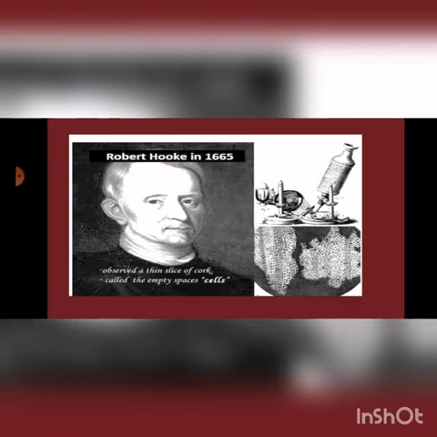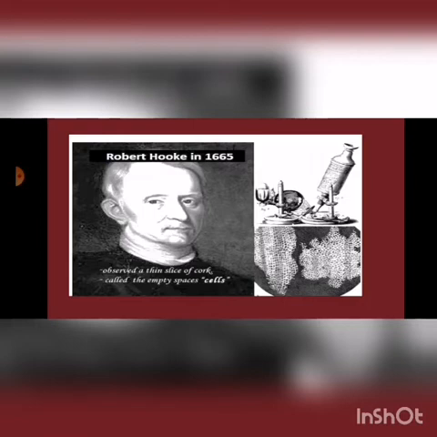First, the discovery of the cell. Who discovered the cell? Robert Hooke, in 1665. Hooke saw a honeycomb-like structure when he observed thin slices of cork under a microscope.